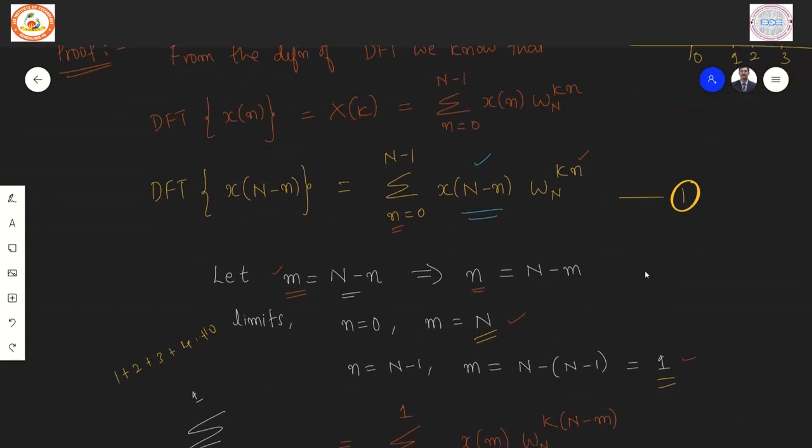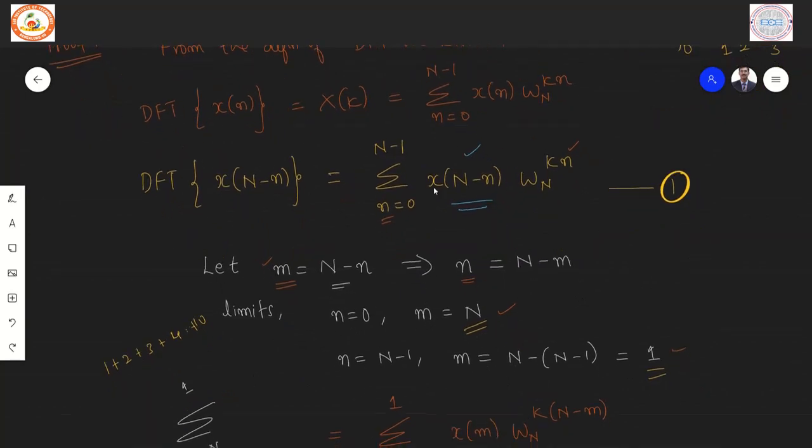In order to simplify this particular equation, we have to replace N minus n with something else. So here we use a notation called m. So m is equal to N minus n, and similarly n will now become capital N minus m, and similarly here also we have to solve for the limits to show the change.